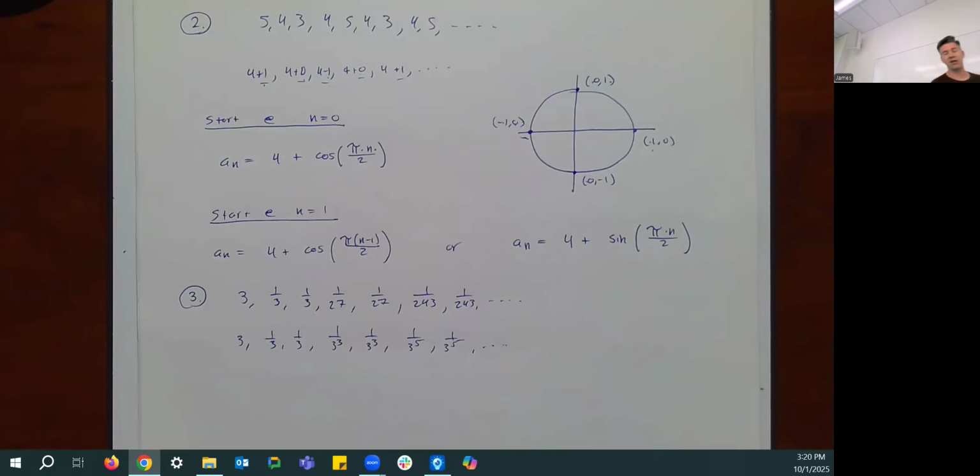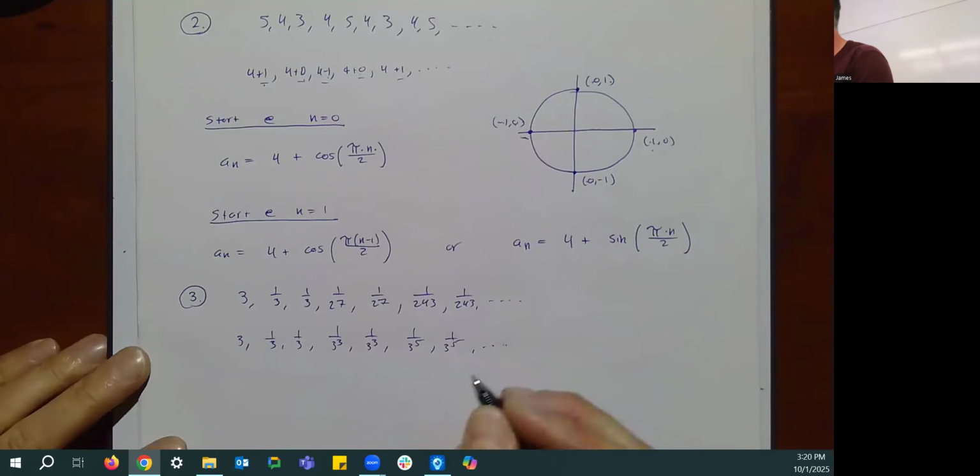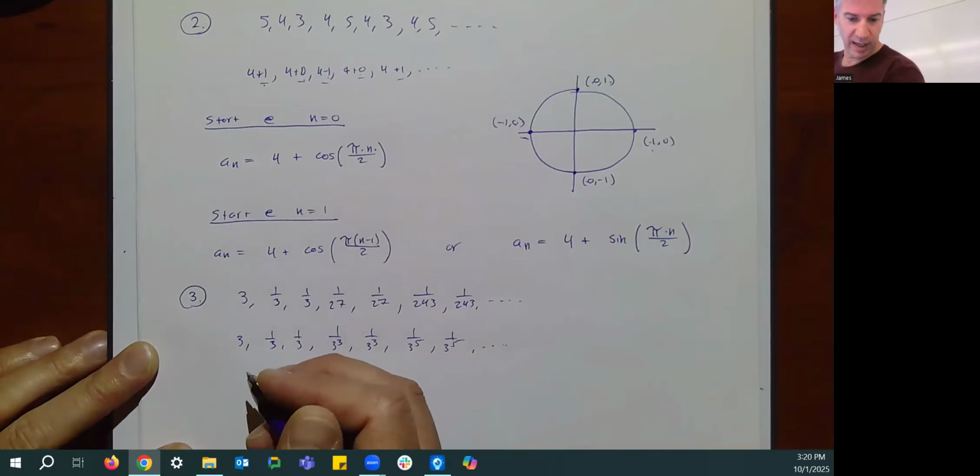If I didn't reduce all my fractions, here's what the pattern actually looks like, if I remember what I wrote in the beginning here.